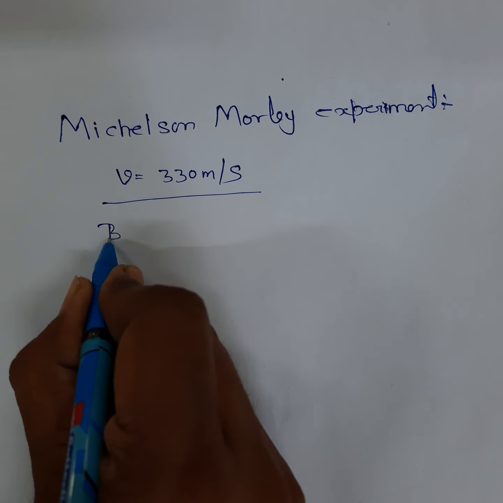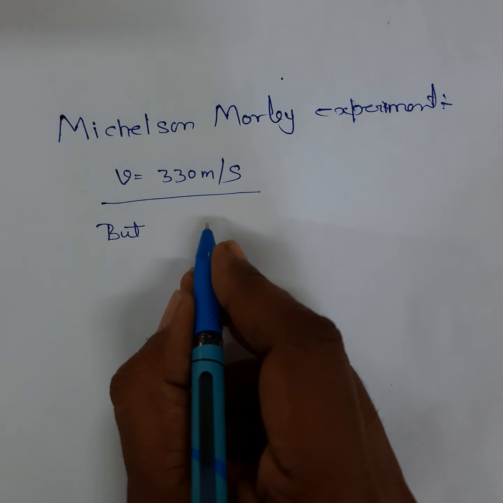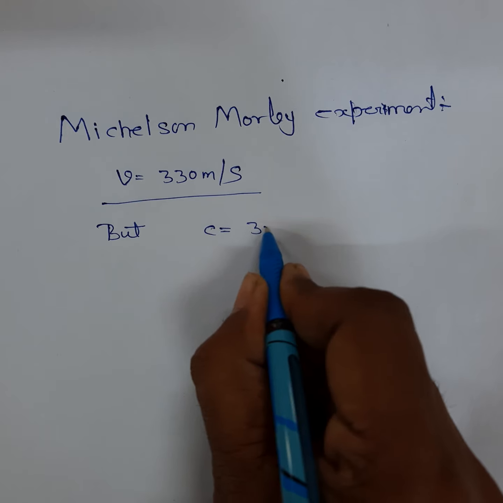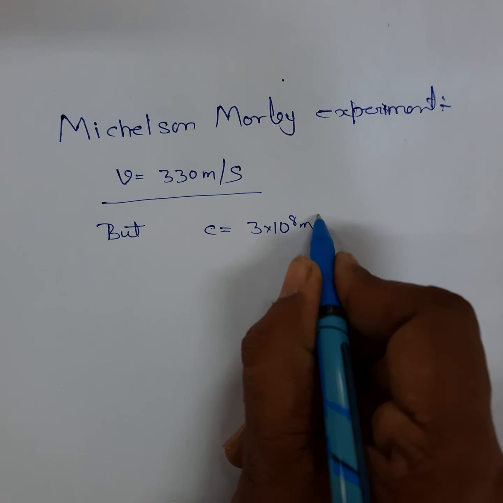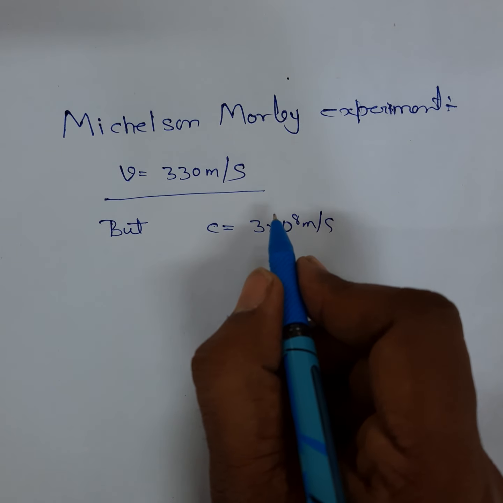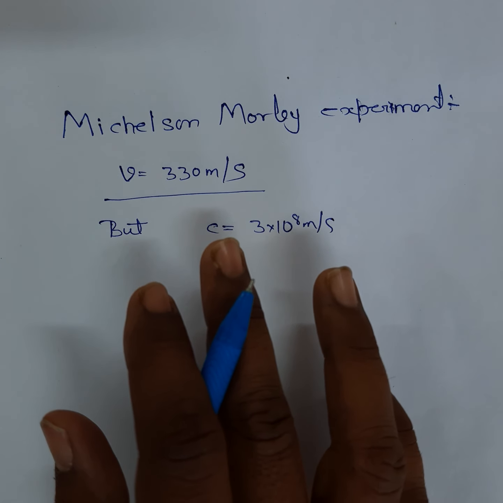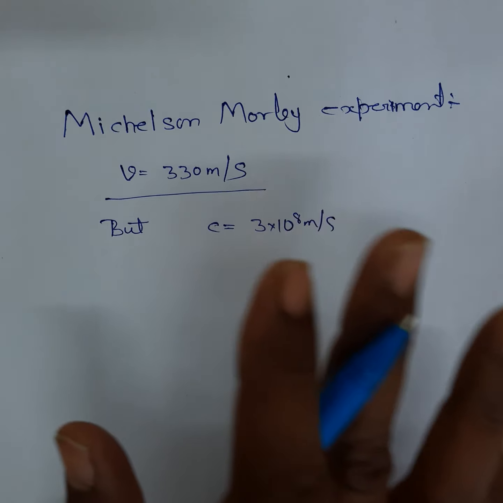But according to the electromagnetic theory of light, the velocity of light c is 3 into 10 to the power 8 meter per second in all directions. But the natural question arises: with respect to which frame of reference is this statement true?